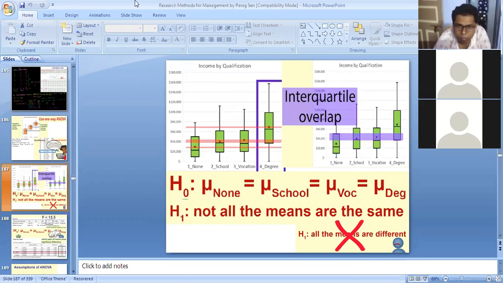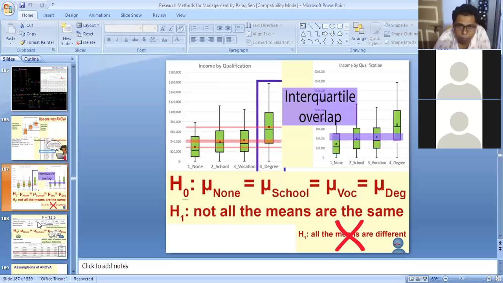It doesn't necessarily mean that all the means are different. It may or may not be. So which particular pair of means are different, that you need to understand.